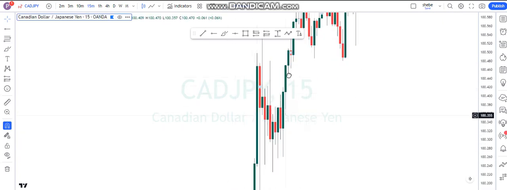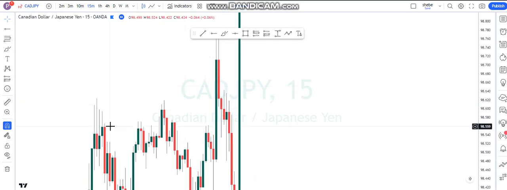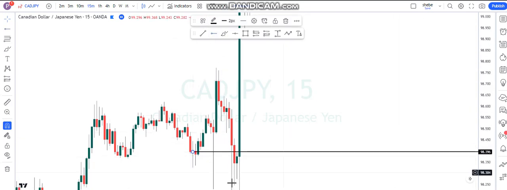This was high again, this was low over here. This was low, this was high, this was low, this was high. But if you try to see, there was just a series of highs and lows, highs and lows, highs and lows, until we make this one valid one. Due to that, this becomes our 15 minutes invalidation point.